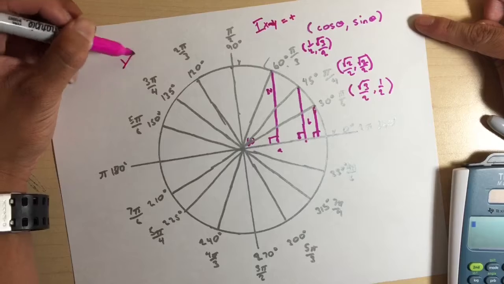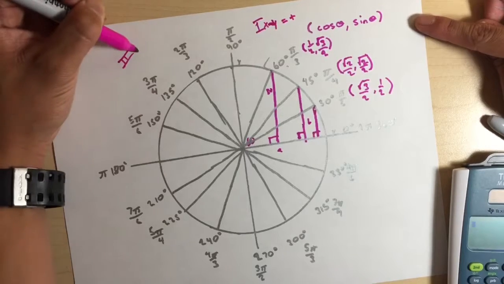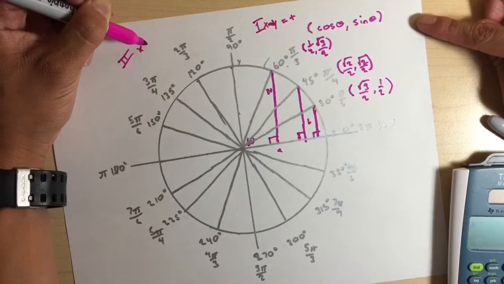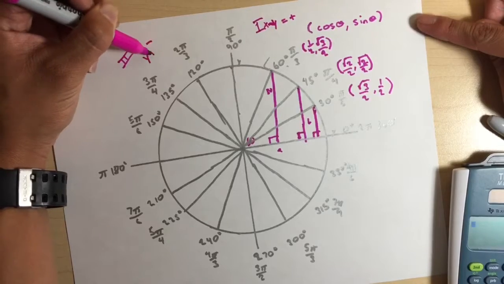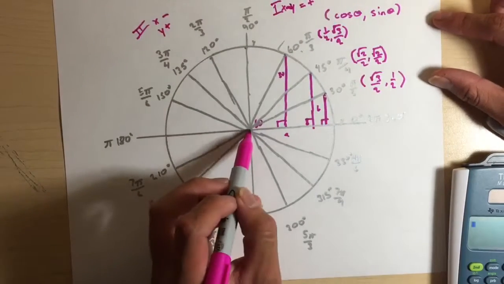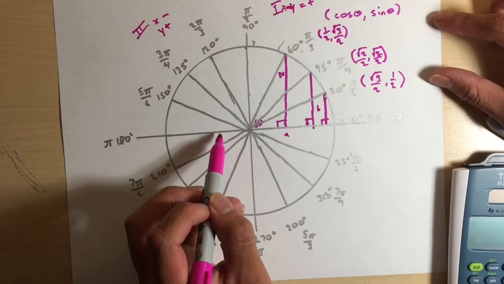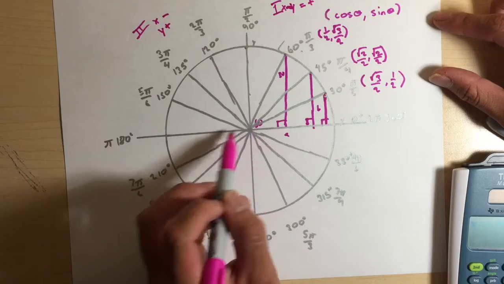In the second quadrant, the x is negative and the y is positive, because if you see, we go to the left of the origin in x.